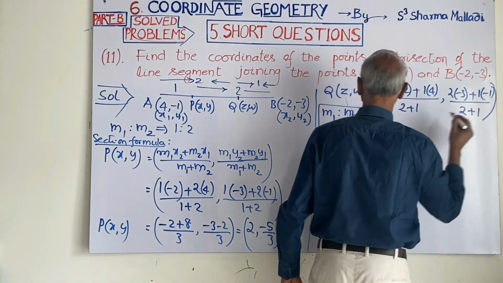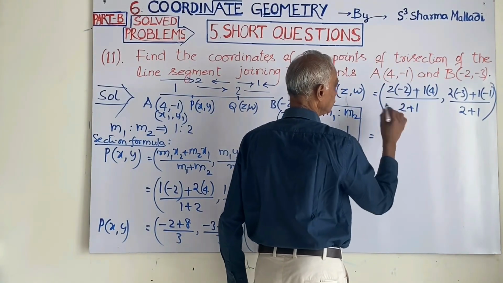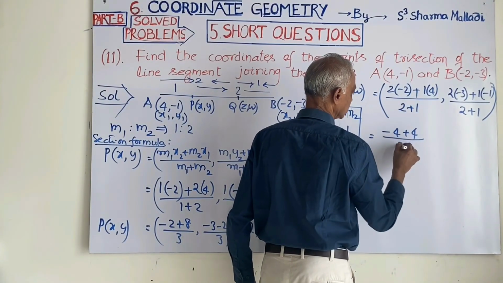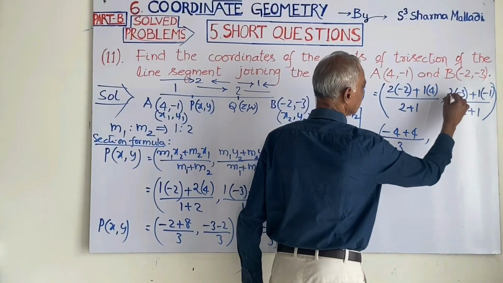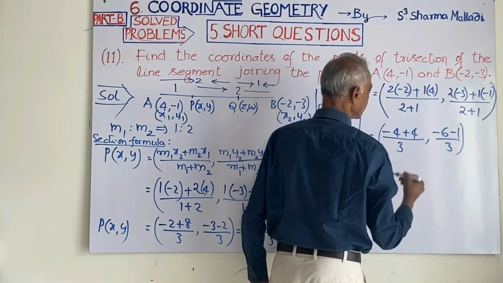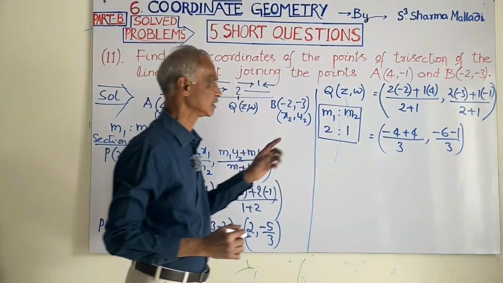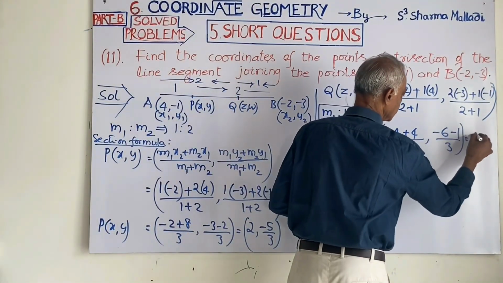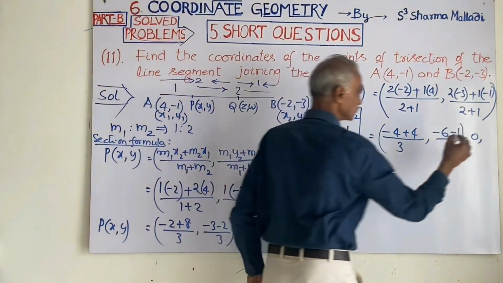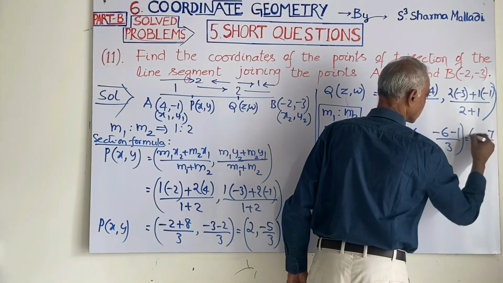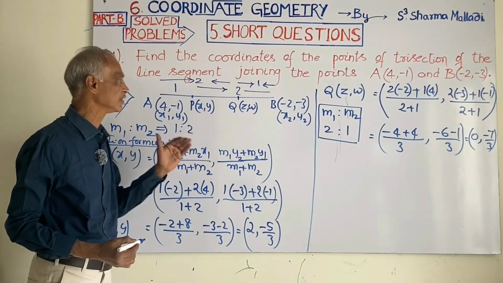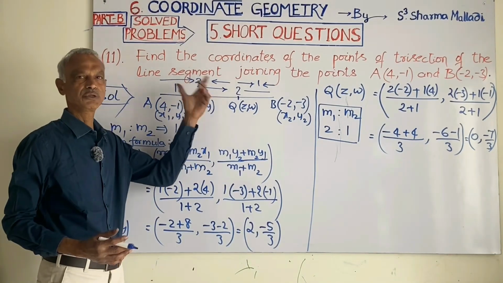Now 2 into minus 2 is minus 4, plus 4, by 3. Minus 4 plus 4 cancel, so 0 by 3 is 0. And minus 6 minus 1 is minus 7 by 3. So 0, minus 7 by 3 divides this line segment in 2:1 ratio.